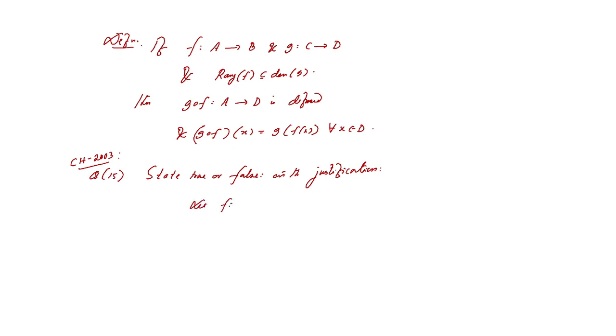Let F be a function from Z to Z and G also a function from Z to Z given by F of x equals x plus 1 and G of x equals 2x plus 3.